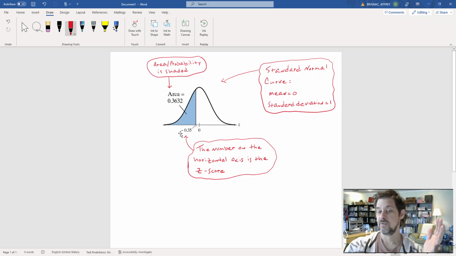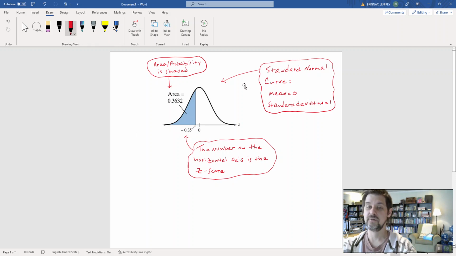So this point on the horizontal axis has this amount of area to its left. That number is the area or the probability, and this number is called the z-score when we're talking about the standard normal curve. So that's the big picture.